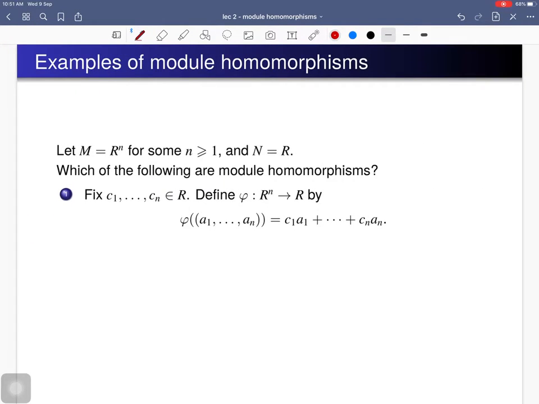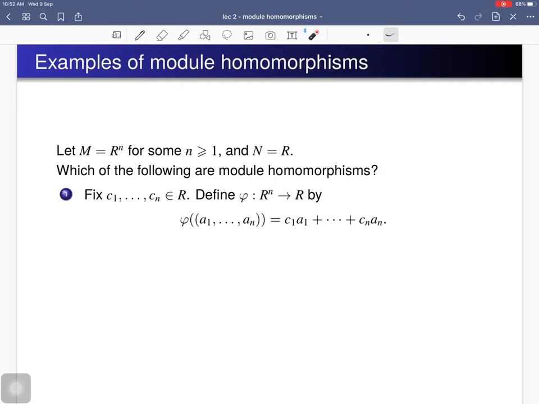So here are some more examples. Suppose M is the free R module of rank n, and N is the same as R, that is the free R module of rank 1. Consider n scalars C1 up to Cn, and using these scalars you define a map like this: phi of the n-tuple is C1 times A1 plus up to Cn times An.